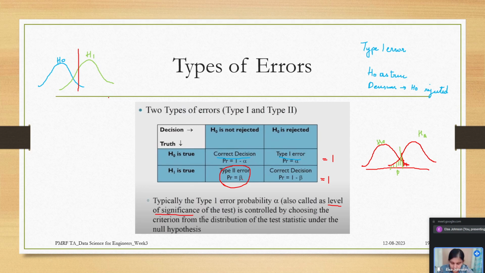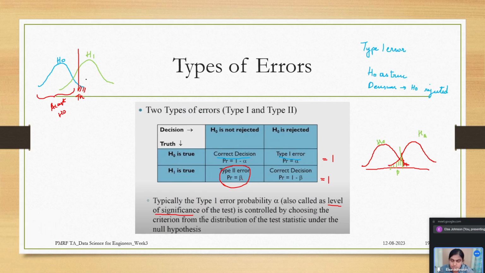This is our threshold value. If you're looking at a one-tailed hypothesis test, then in this region we will be accepting H naught. Only after this threshold will we be rejecting; this particular region is where we reject. But for the H1 case, from here it will be accepted.